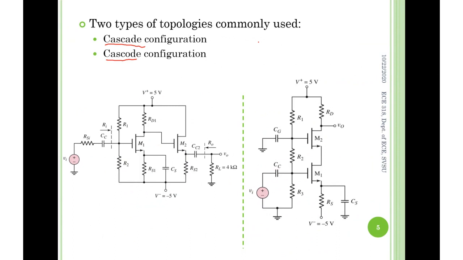Anyone remember how we differentiate them? How can we tell which is which? Anyone remember the rule? How can you tell it's common source? A little bit of a hint here.